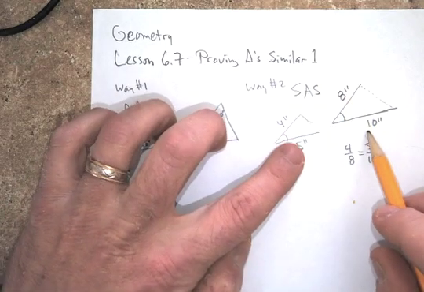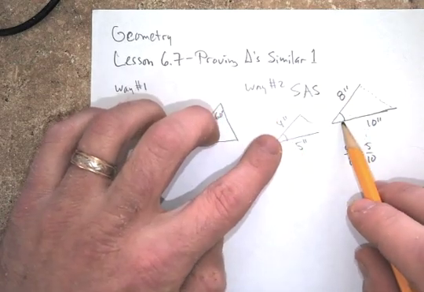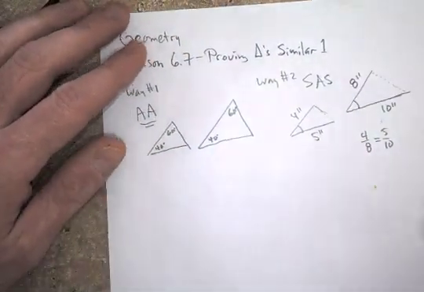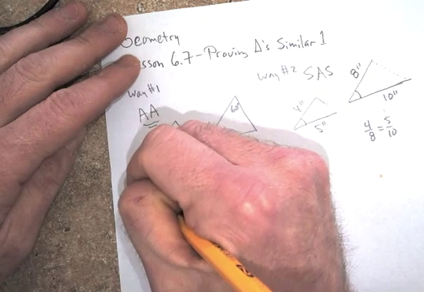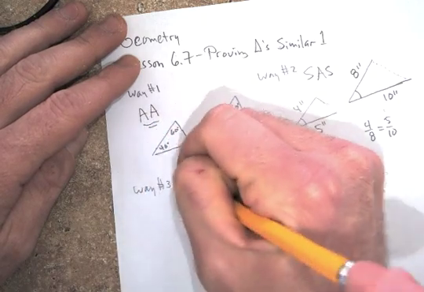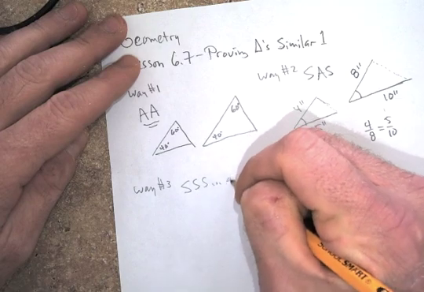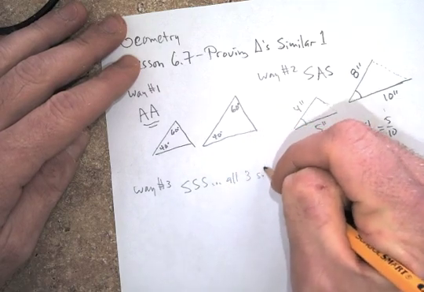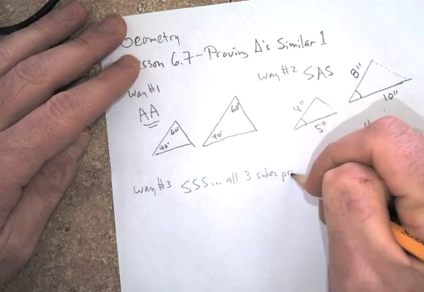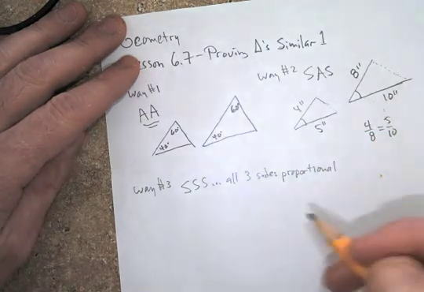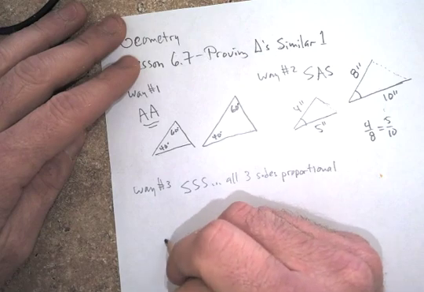The sides are proportional but the angle is equal, or congruent. And then the third way is just SSS. Side, side, side. Really what that means is all 3 sides are proportional. Not the same, proportional.